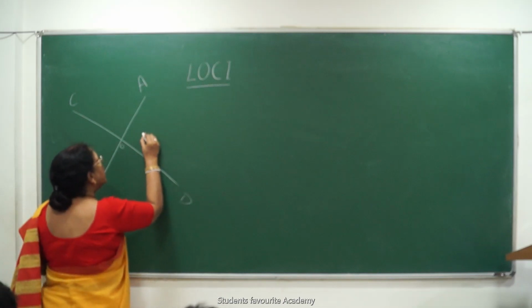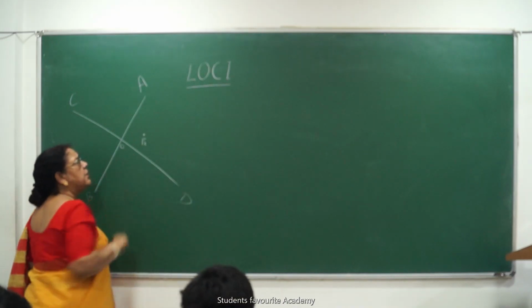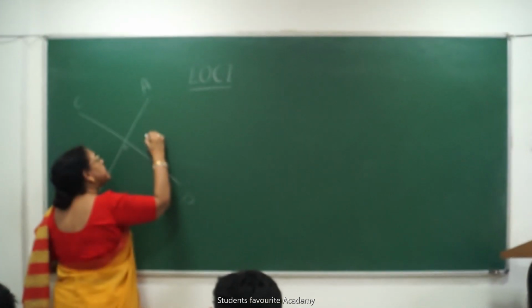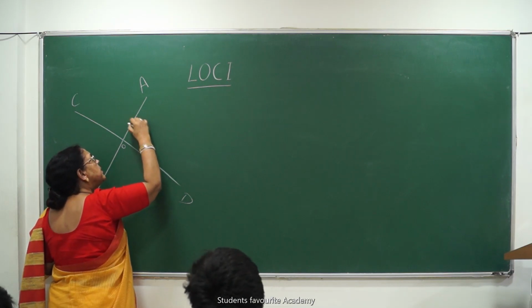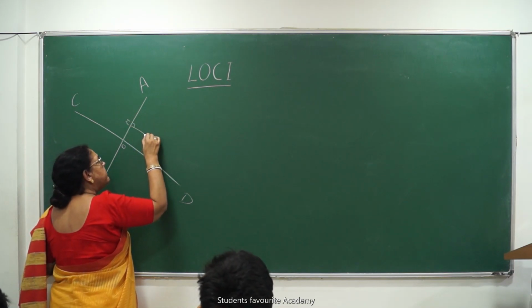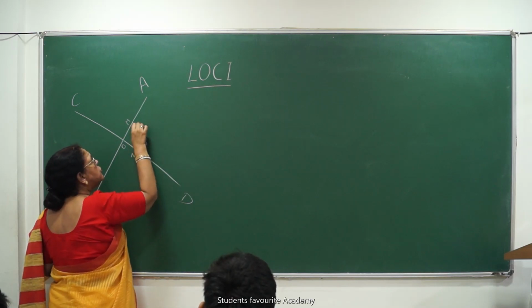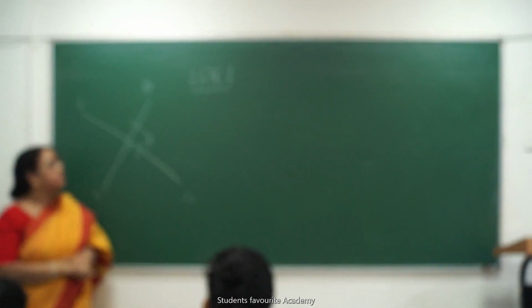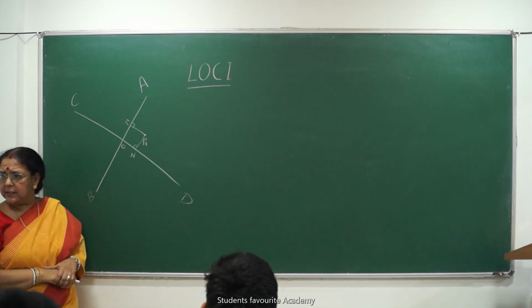Suppose the first position of the point is P1. Okay. So now equidistant means what? If you drop perpendiculars, say P1M and here P1N, these two perpendiculars will be of the same length, then this point is said to be equidistant from both the lines.